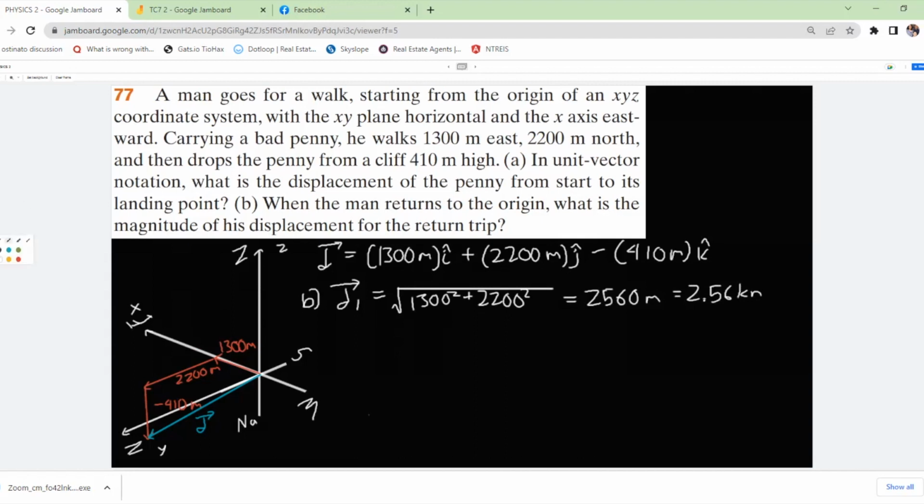So, okay. Tapos 3 sig fig, no? So, 2.56 kilometers. Ayun. So, next question. Yung next naman. Wait. Calculate.